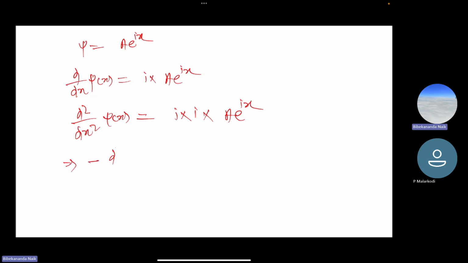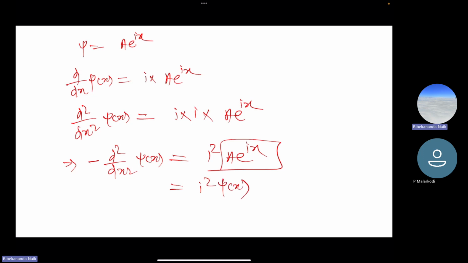So minus d square by dx square psi x equals minus i square a e to the power ix. You see a e to the power ix is again coming out on the right hand side, so you can write it as i square psi x. You know i square is minus 1, is it not?